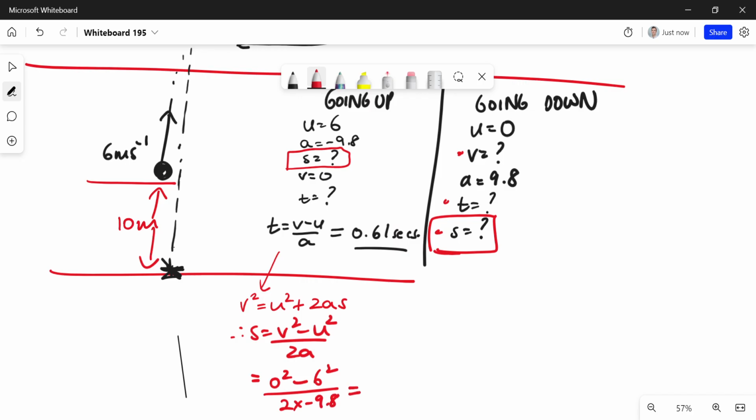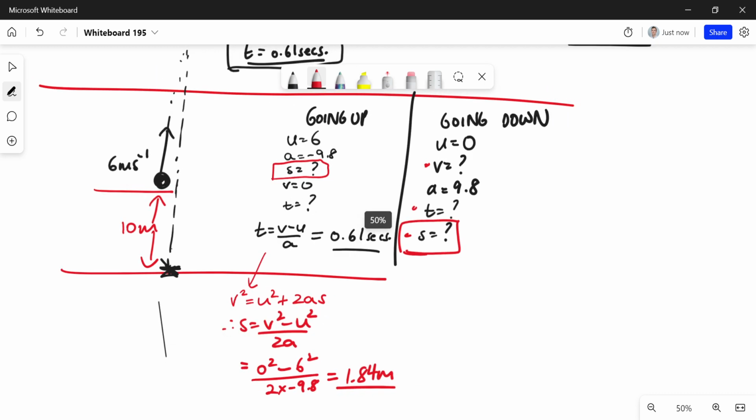Now, when you punch those numbers in, what you're going to find is that that height is 1.84 meters. So what that's telling me is that this object went up 1.84 meters and it's already on a base of 10 meters. So when it's going to fall down, we've actually got 11.84 meters for it to do that. So now I've got a situation where I know U, A, and S, and I'm trying to find T.